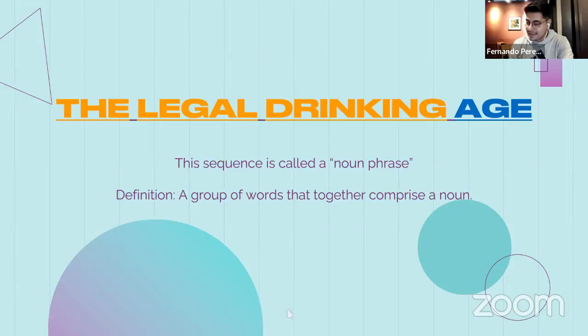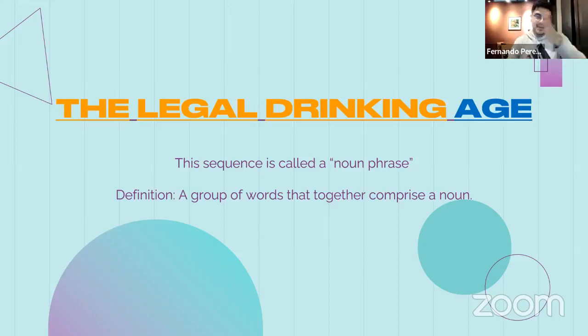In this case, the verb drink is not a verb. Okay? It's actually an adjective, a description. But we are not saying the age of drinking, right? The age of drinking is actually a Spanglish, because we're saying la edad de tomar, right?